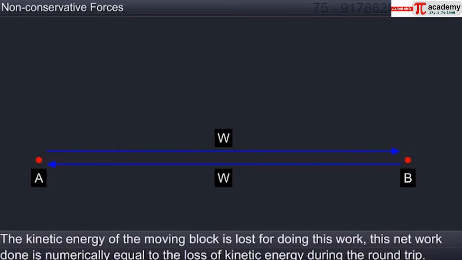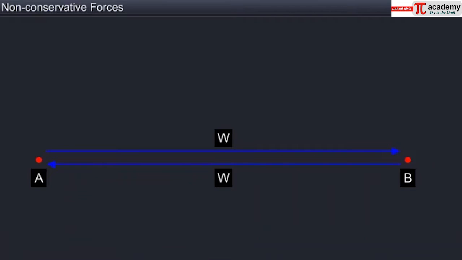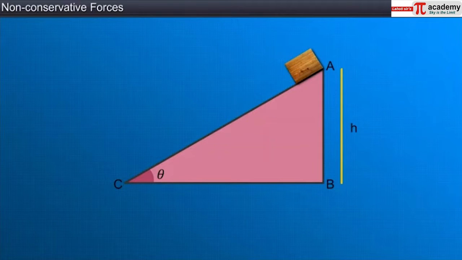Since the kinetic energy of the moving block is lost for doing this work, this net work done is numerically equal to the loss of kinetic energy during the round trip. Consider another scenario where a block slides down from a height on an inclined plane.